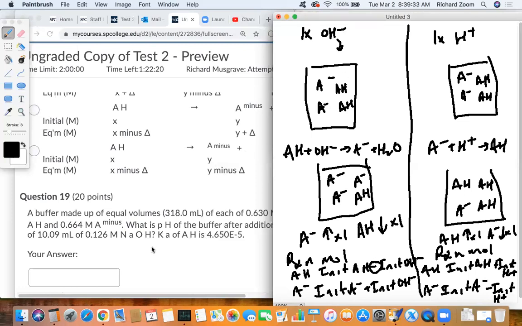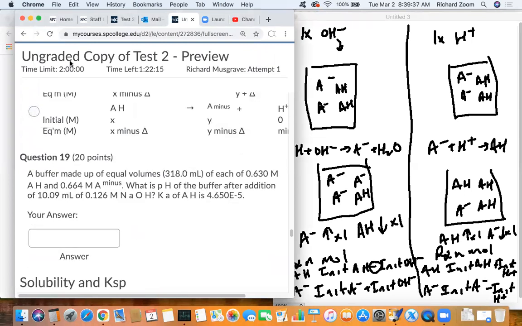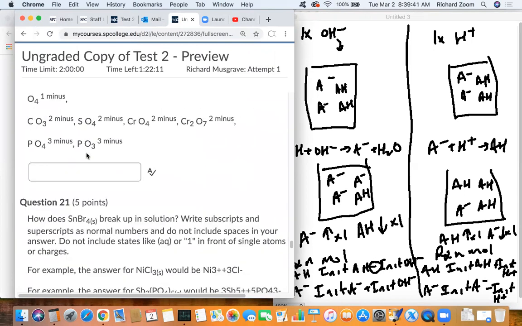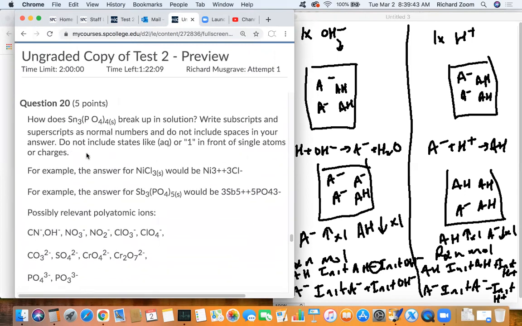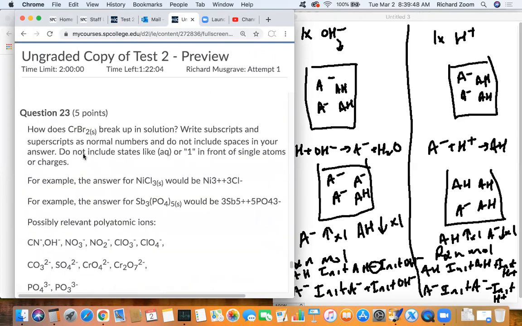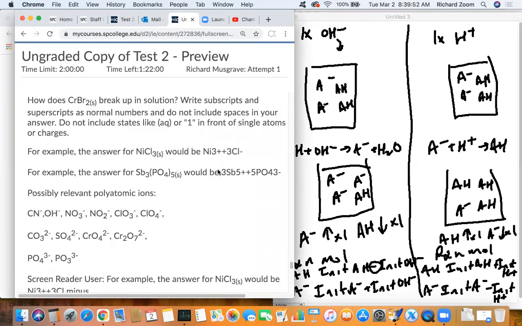Solubility and Ksp. Okay. So I'll go over these problems here, 20 through 24, Emmeline.